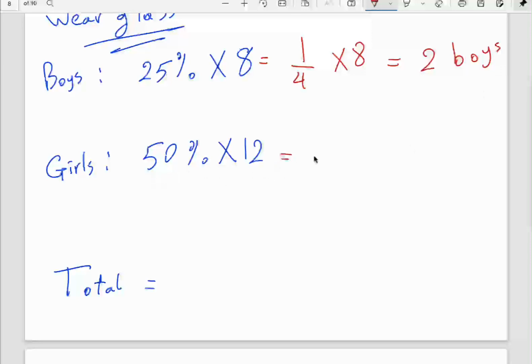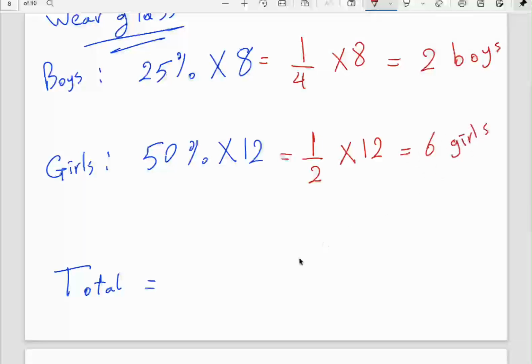The 50% as a fraction is 50 over 100, and in the simplest form, it is 1 over 2. And we multiply this by 12. It will be 6. So 6 girls.